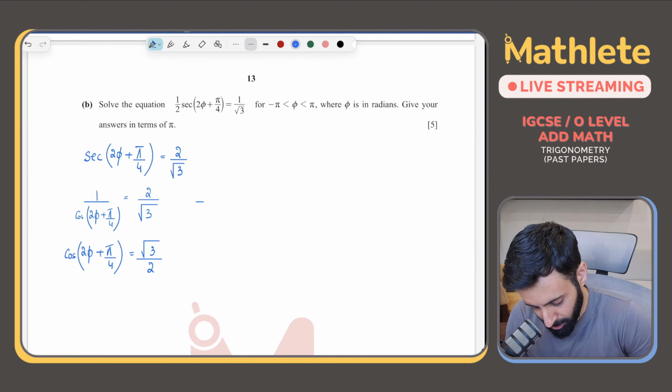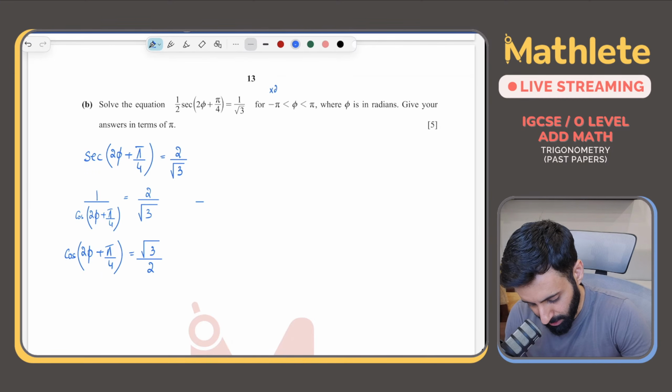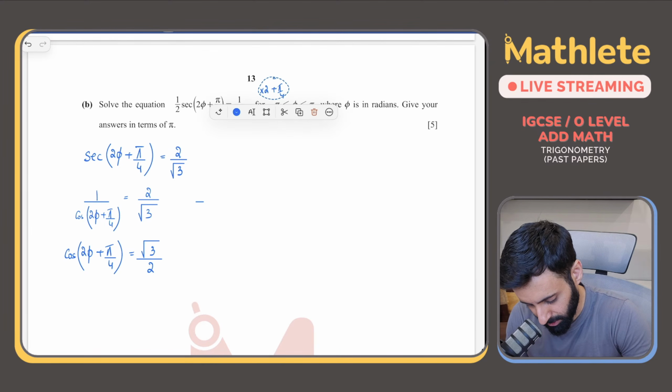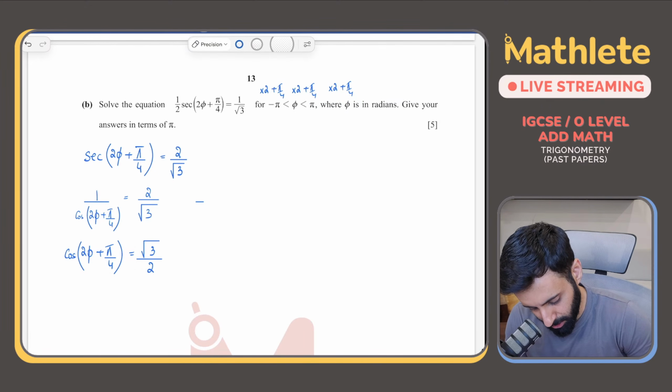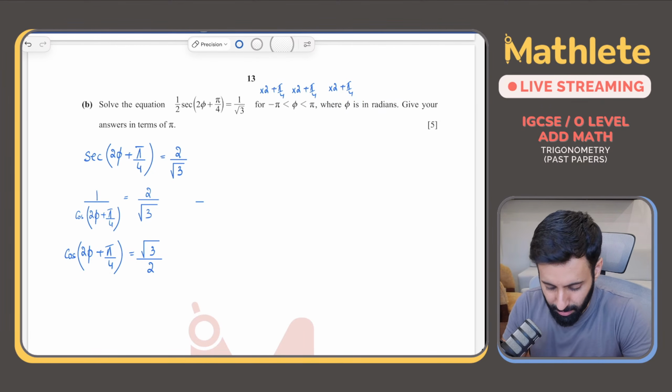So we multiply each side by 2 and then we add pi upon 4. We do that here and we do that here. When you do that, this is what the new range looks like. Minus pi into 2 plus pi upon 4. What's that equal to?